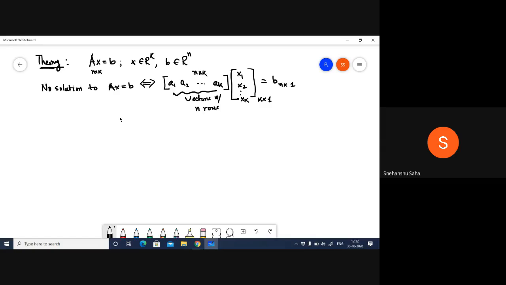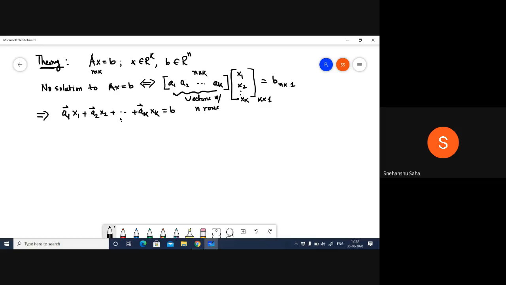In other words, I'll use vector notation to distinguish between A1 as a scalar and A1 as a vector. So this is a column vector: A1 x1 plus A2 x2 plus up to Ak xk equal to B. This is a linear combination of your vectors in the span.